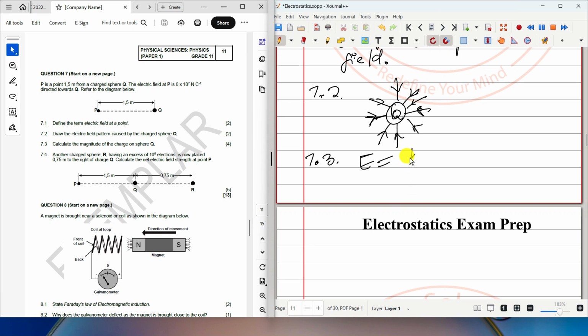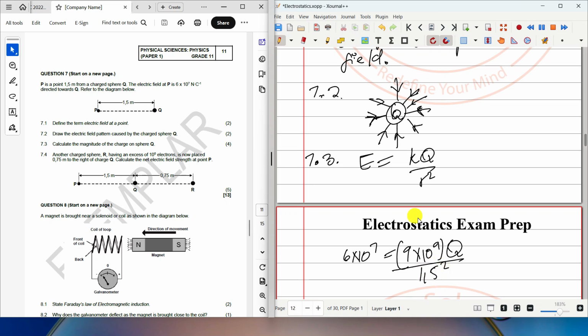We can use E equals kQ over r squared. The electric field strength is 6 times 10 to the 7, and obviously Coulomb's constant is 9 times 10 to the 9. Then the charge, we do not know. The distance between the points was 1.5 meters.